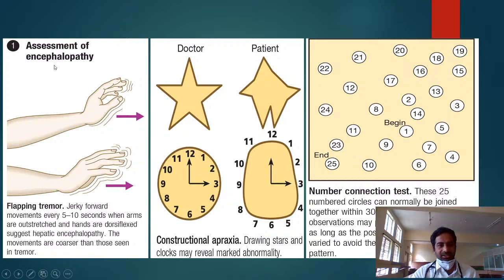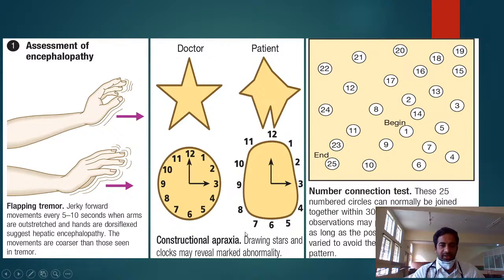So how do you assess encephalopathy? Mainly the flapping tremors. Ask the patient to outstretch and dorsiflex the hands, and you look for repeated jerky movements. So you call it flapping tremors. The patient also has constructional apraxia. Ask him to draw a star, and he cannot draw it exactly.